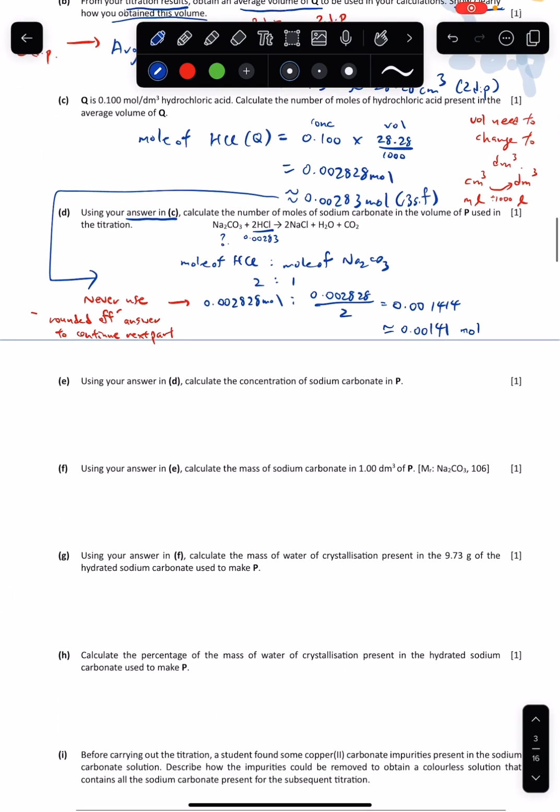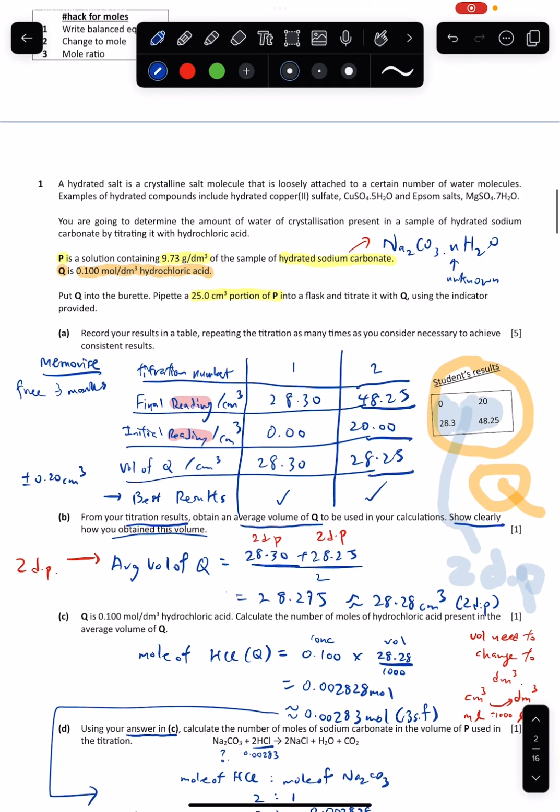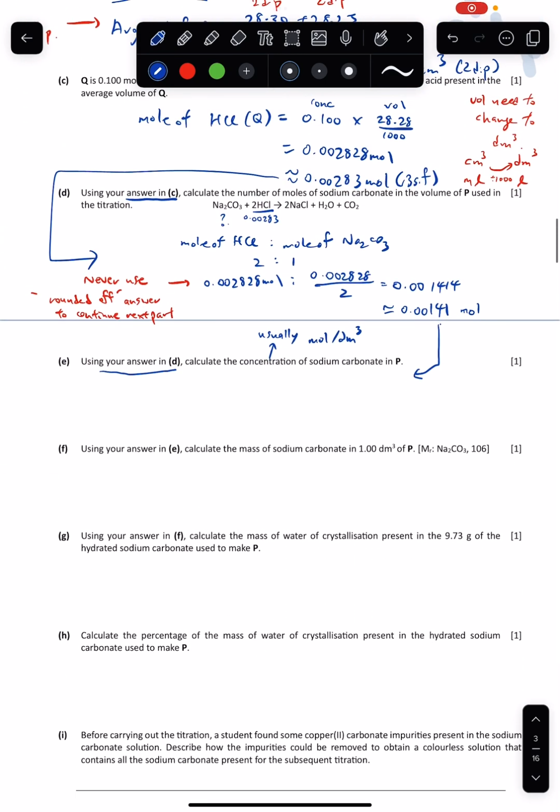Next. Again, read: using your answer in D. That means I need to use this number to calculate. Sure. So, do remember concentration is usually mole per dm cube. I have mole now. Do I know the dm cube? Oh, I do. 25 cm cube.